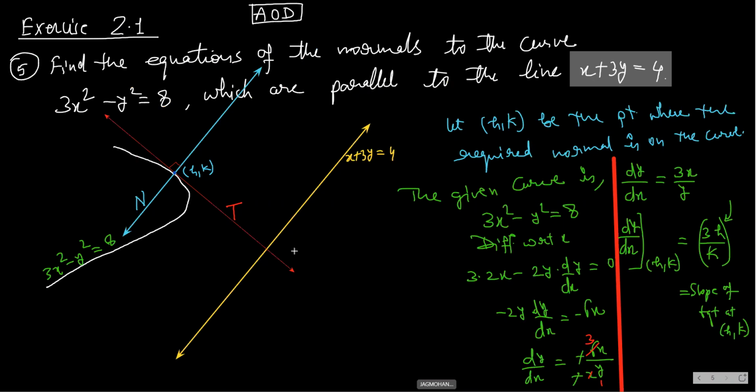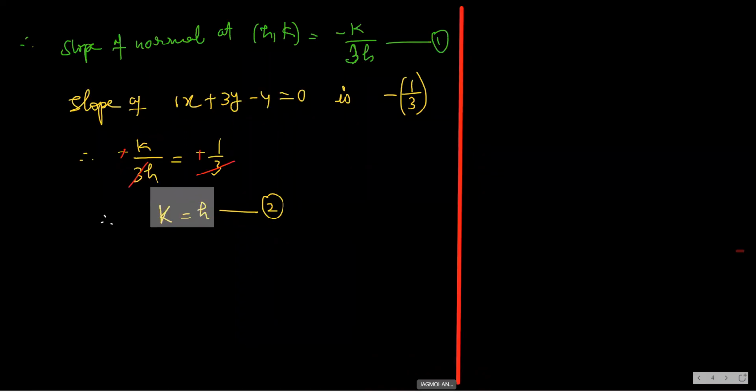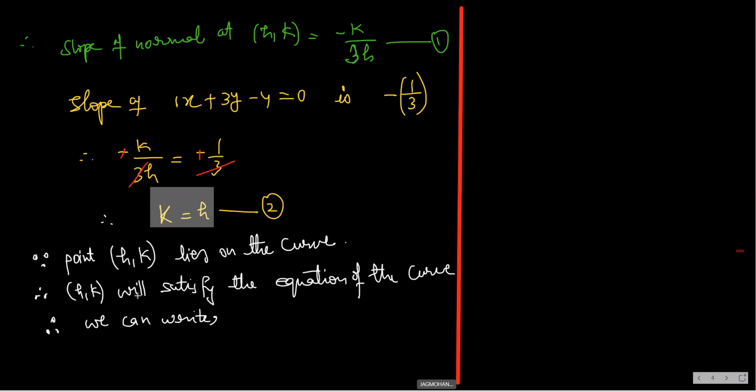Since h comma k lies on the curve, the coordinates of the point h comma k will satisfy the equation of the curve. So this is what I will write: since point h comma k lies on the curve, therefore h comma k will satisfy the equation of the curve.